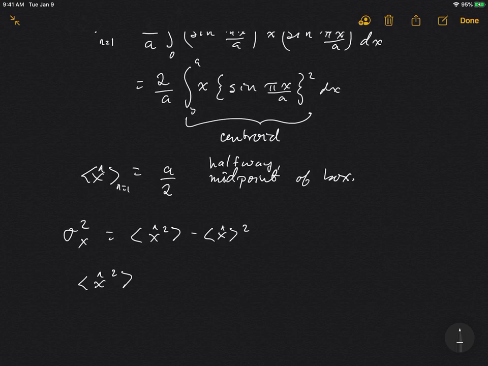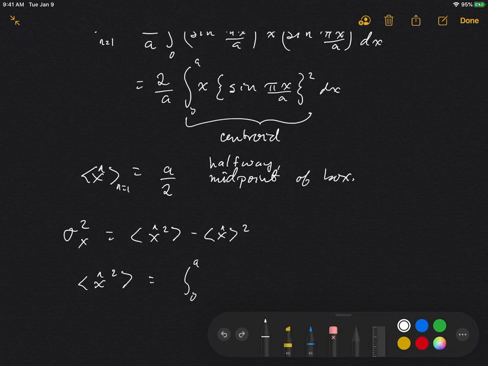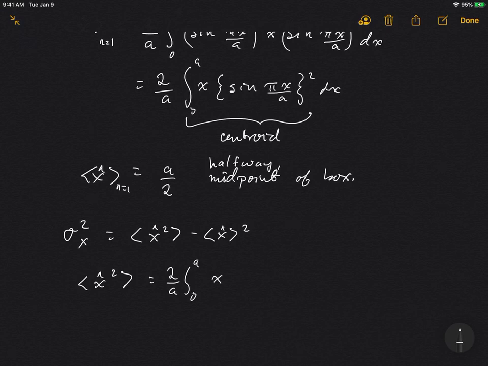We've got to calculate that one. In order to do that, we're going to have essentially the same integral from 0 to a, and we'll have a 2 over a out front, and we're going to have an x squared, right, because that's the operator, the x squared operator, and the x squared operator is just x squared times the function.